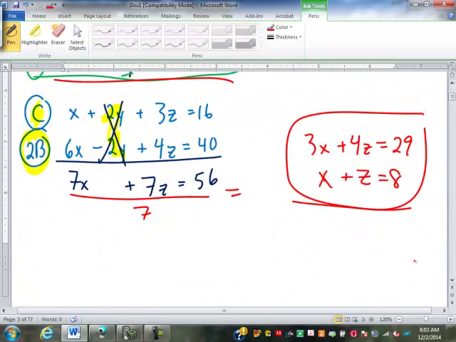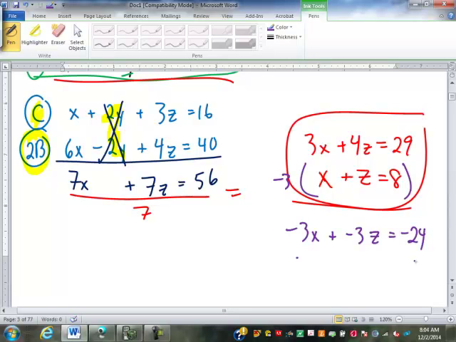So now I have to figure out some way to get rid of one of these variables. I could solve one of them for x and put it in, or what I'm going to do here is multiply this bottom one by a negative 3. So it's negative 3x plus negative 3z equals negative 24.